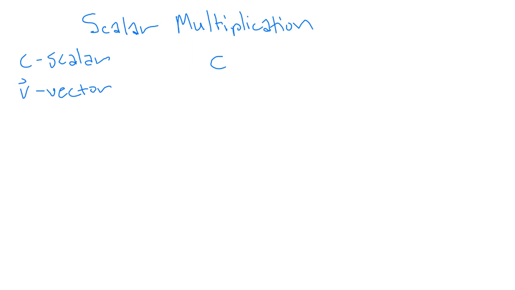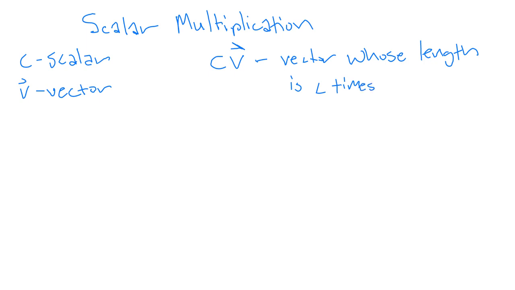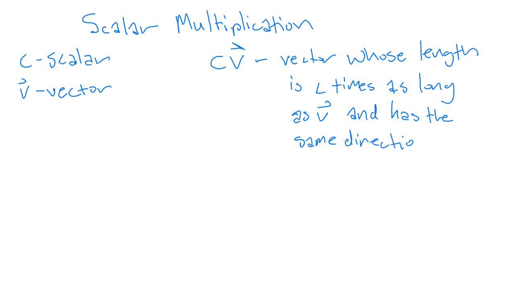Then cv, where c is called a scalar multiplier, is the vector whose length is c times as long as our initial v, and has the same direction if c is positive, or the exact opposite if c is negative.